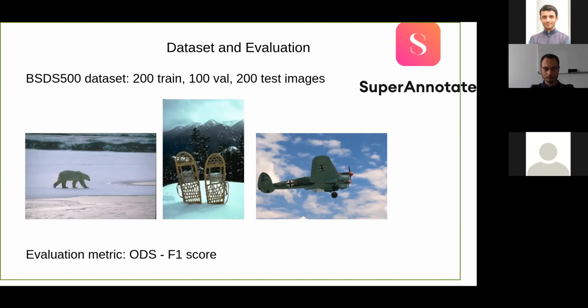For example, if the threshold is 0.3, then every image in this test set is thresholded by 0.3, which means pixels that have probability bigger than 0.3 are assigned to class 1, considered to be boundaries, and pixels that have probability less than 0.3 are considered not boundary and have class 0.